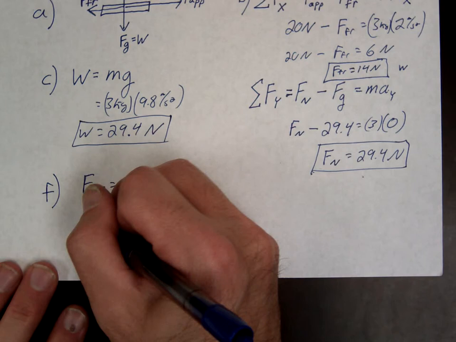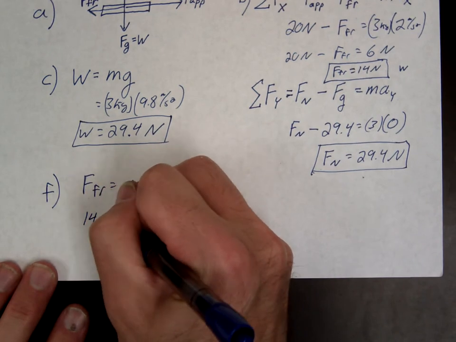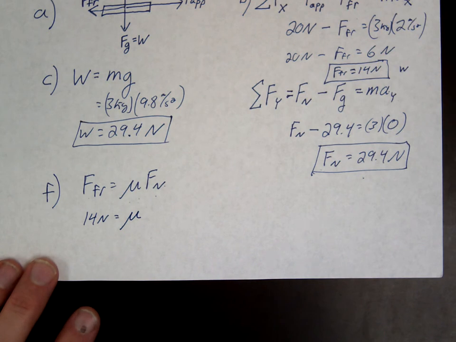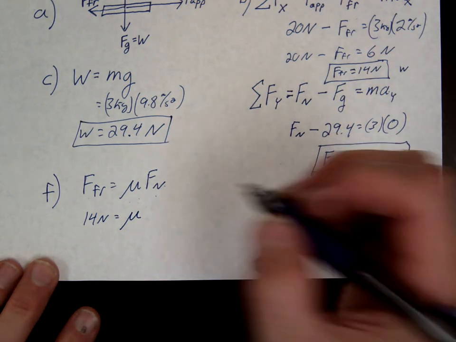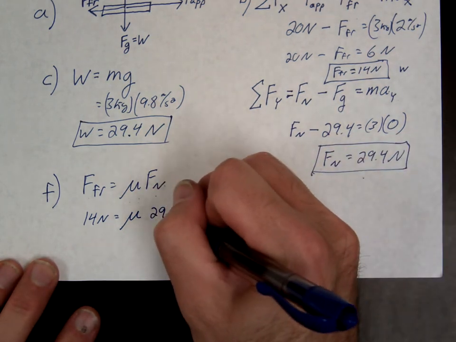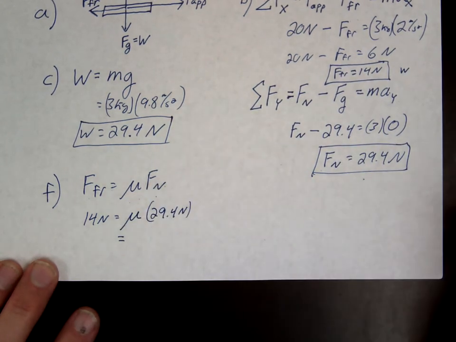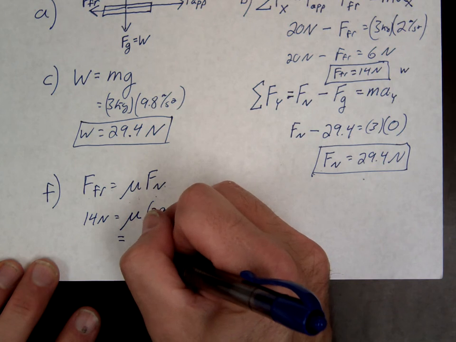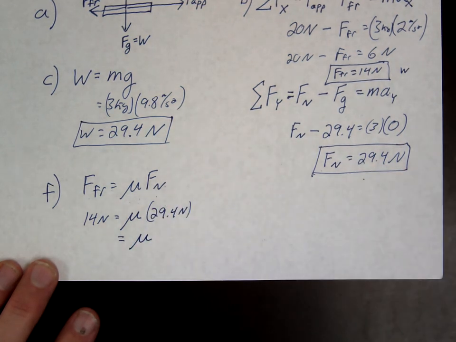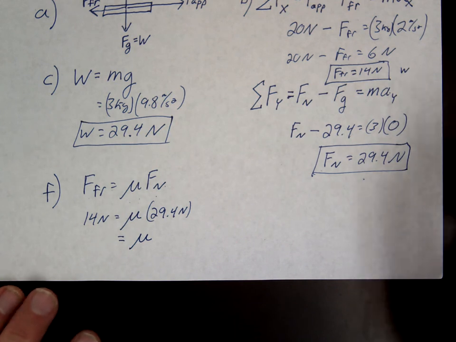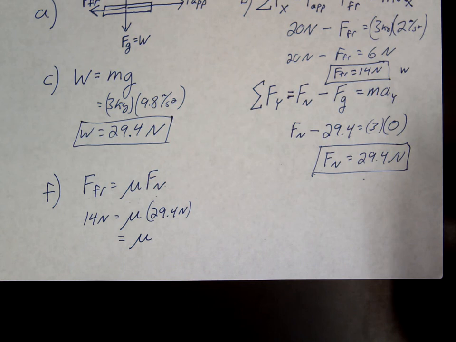We're going to say 14 newtons equals mu times 29.4 newtons. It's about half.